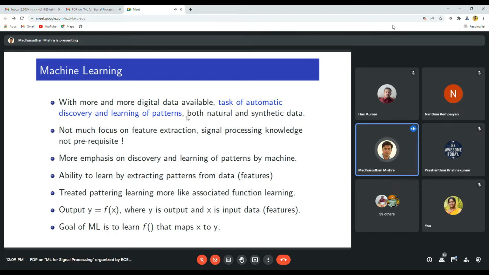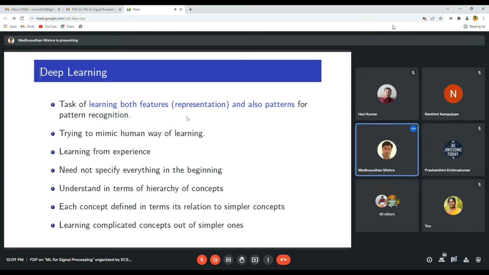In machine learning, the machine tries to learn the patterns from the features, with the ability to learn by extracting patterns from the data, known as features. These patterns can be treated as an associated function to give the output. And the higher level of machine learning is known as deep learning.